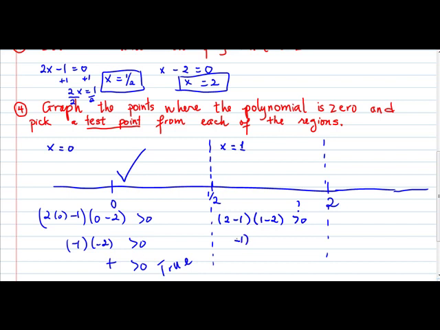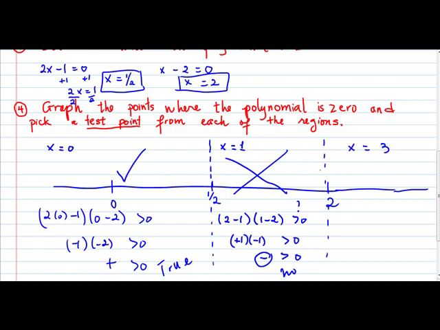I have positive 1 times minus 1, which is a minus number, because a positive times a minus number is a minus number. Now, is a minus number greater than 0? No, impossible. So therefore, our solution is not inside here. Now, test over here. I pick x equal to 3.